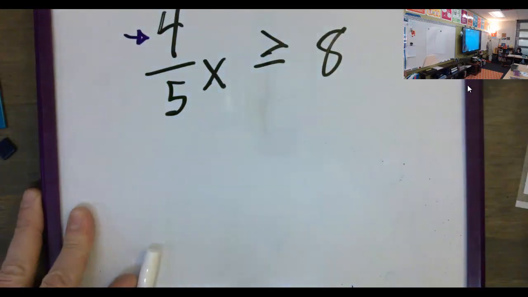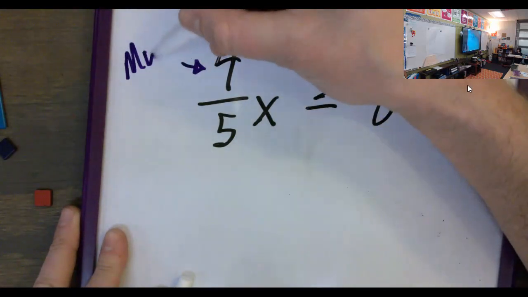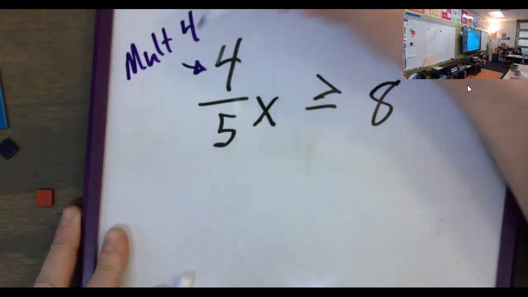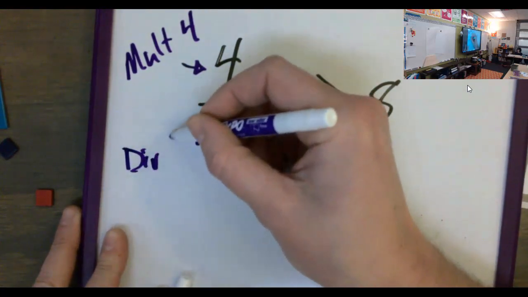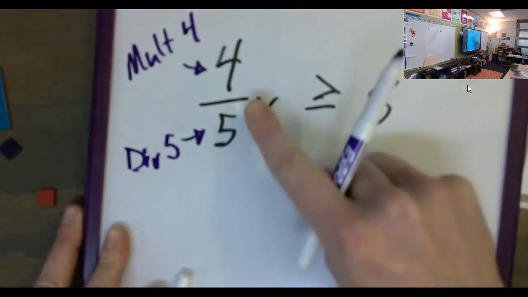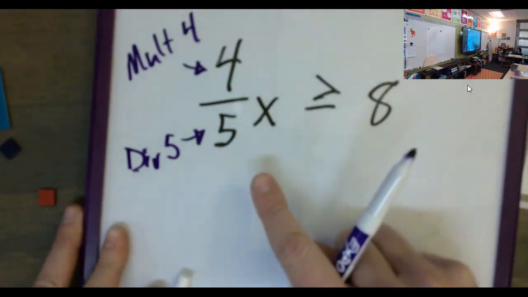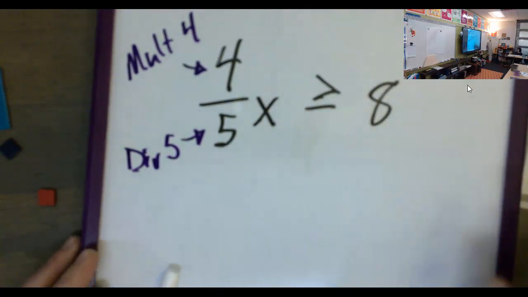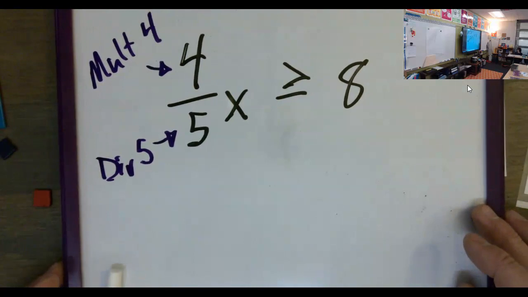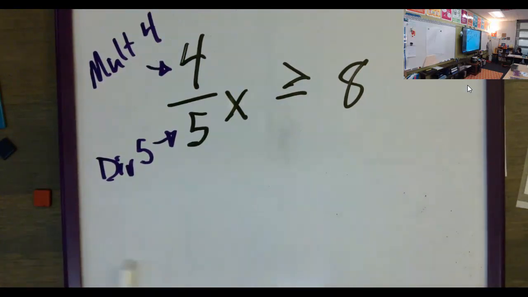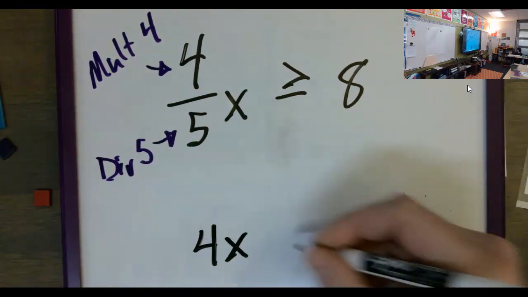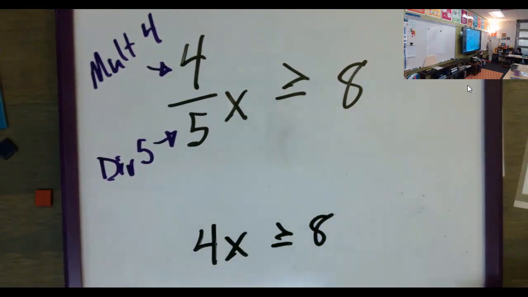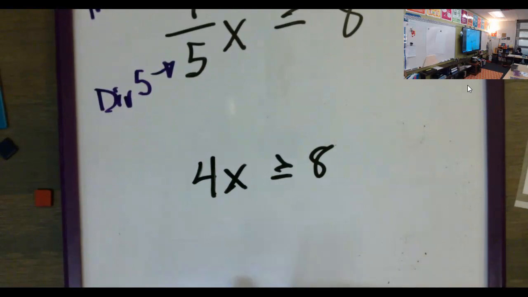This is multiplying by 4. And this is dividing by 5. Both are happening at the same time. Or you could break it apart and make them happen at separate times. But what I'm trying to tell you is if you only had 4x compared to 8, how could I get 4x back to just x?